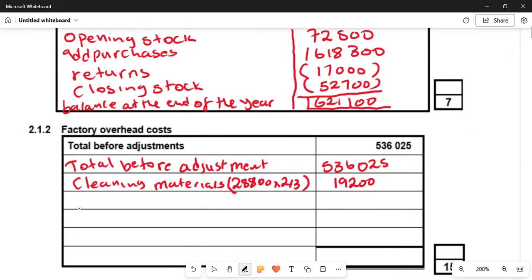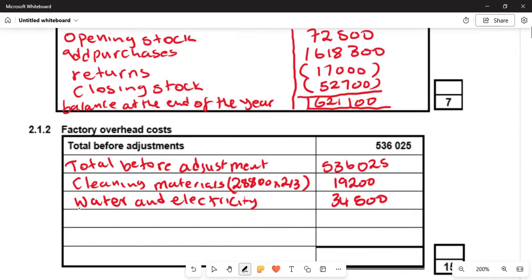Now we also have what? Water and electricity. As we have calculated, water and electricity is 75% of 46,000, which is going to give us 34,500, sorry.